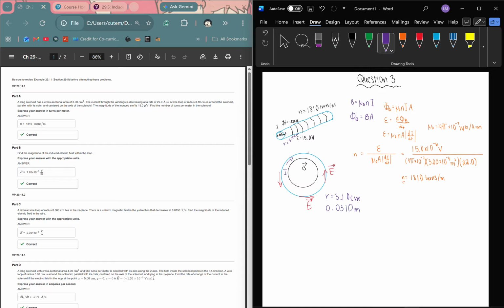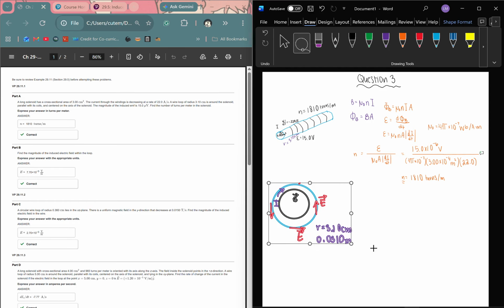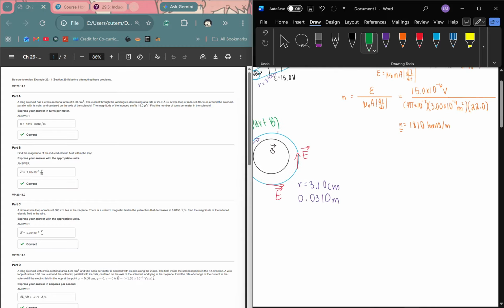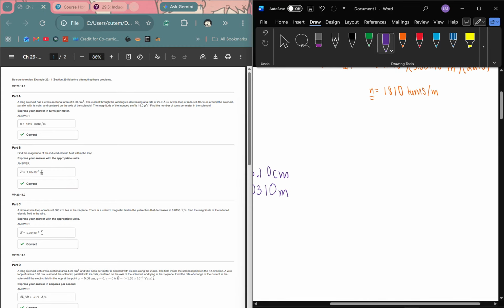We're going to write Faraday's law like it was in the textbook. Let me bring this down here so we don't get confused, and let me label this: this is part A, and this is part B. Let me write the law, and then I will explain everything.